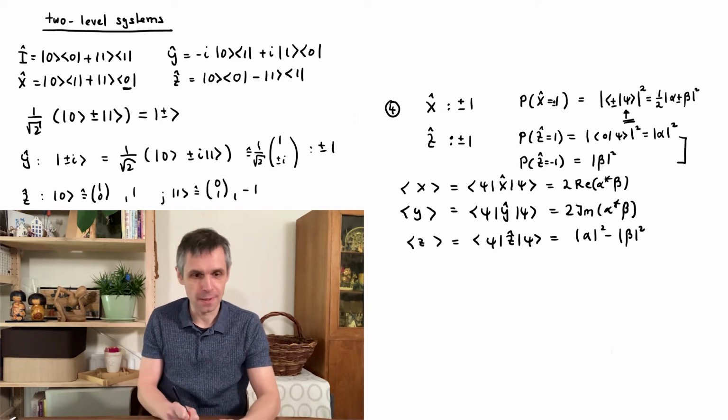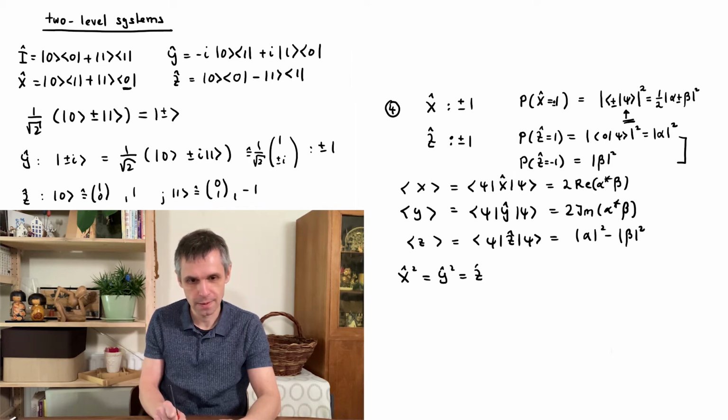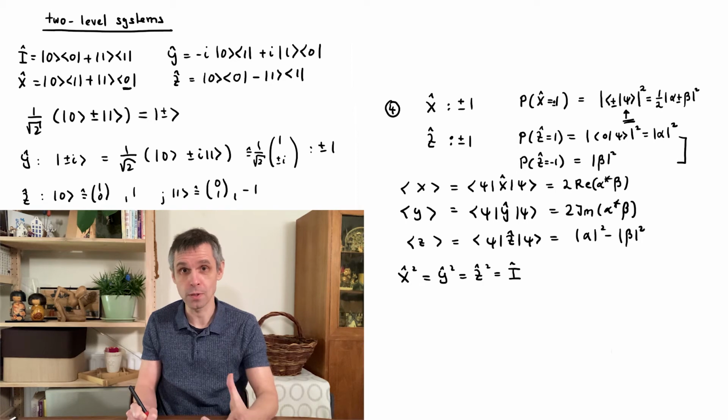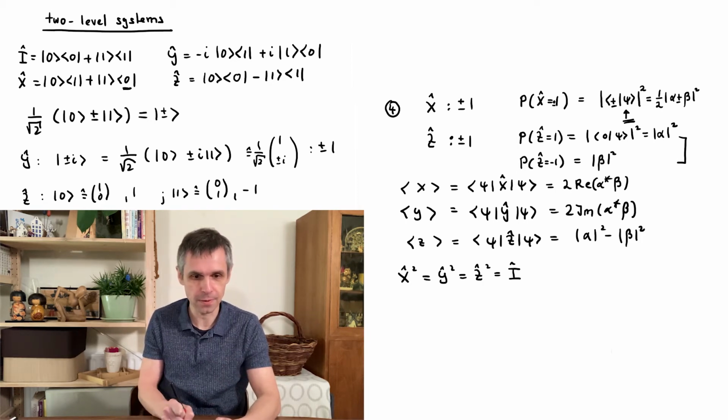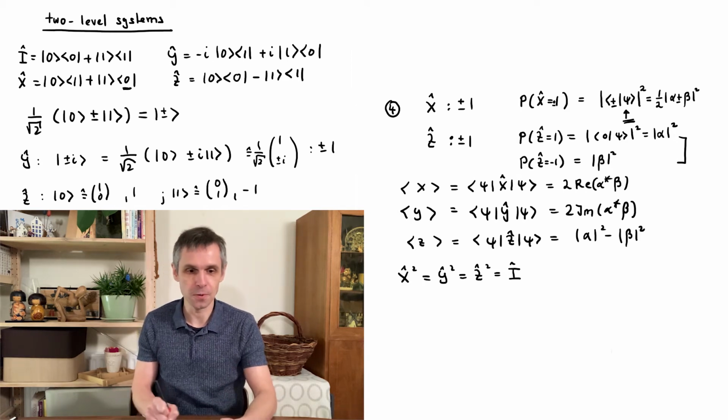We can also work out uncertainties, but this is indeed very simple because all of these operators here square to the identity operator. This is most easily checked by just using the 2x2 Pauli matrices. So just squaring the Pauli matrices, you always get the identity matrix. So you see that all these operators have some very simple and useful features.